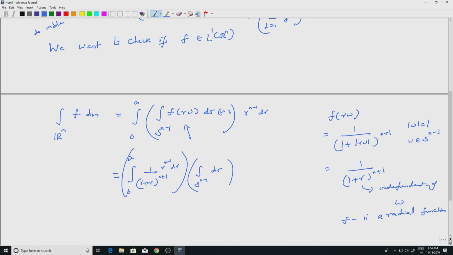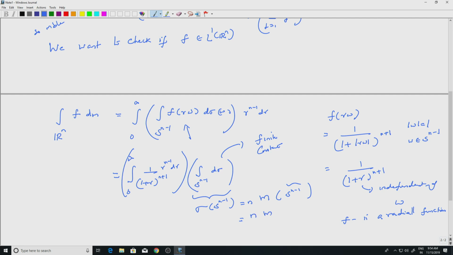This is a finite constant. Why is that? Because this is the measure of the whole space. What is sigma of S^(n-1) by definition? This is n times the sector defined by S^(n-1). So you look at S^(n-1) and its sector. What is the sector defined by S^(n-1)? That will be the whole unit ball.